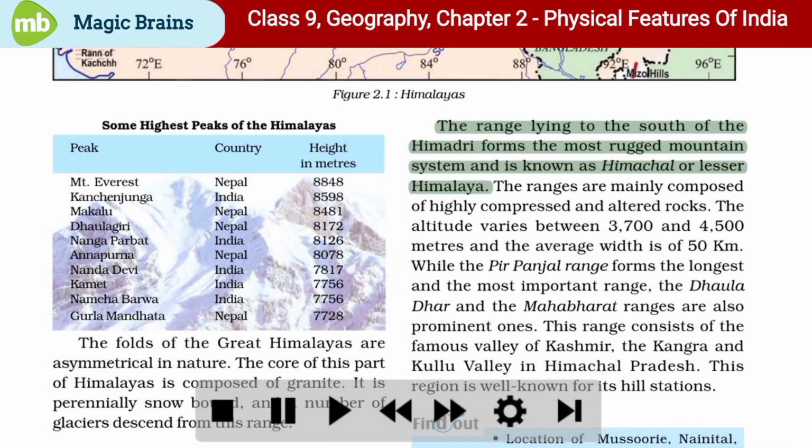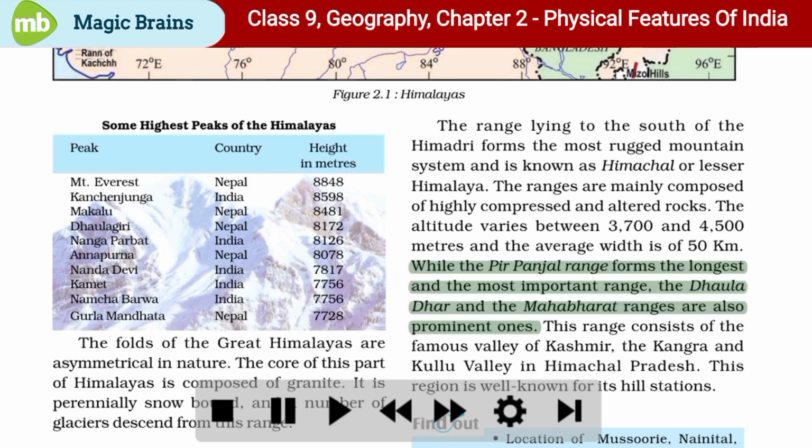From the text. The range lying to the south of Himadri forms the most rugged mountain system and is known as Himachal or Lesser Himalaya. The ranges are mainly composed of highly compressed and altered rocks. The altitude varies between 3,700 and 4,500 meters, and the average width is 50 km.